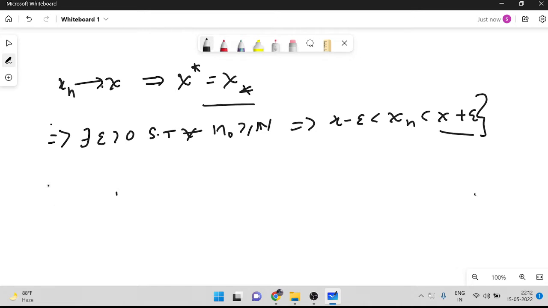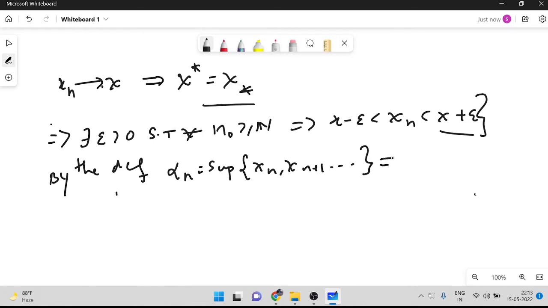But by the definition of lim-inf and lim-sup, alpha n is equal to the supremum of xn, xn plus 1, and so on, which implies xn is less than or equal to alpha n.